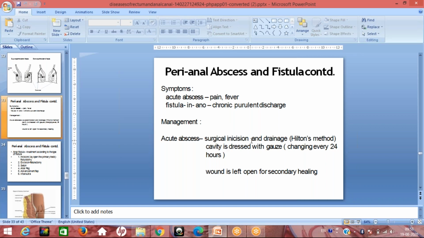You completely break down all the loculi and drain all the pus, and then the cavity is packed with betadine soaked gauze, and the wound is left open for secondary healing. Most of these perianal abscesses in the chronic stage cause secondary fistula formation.